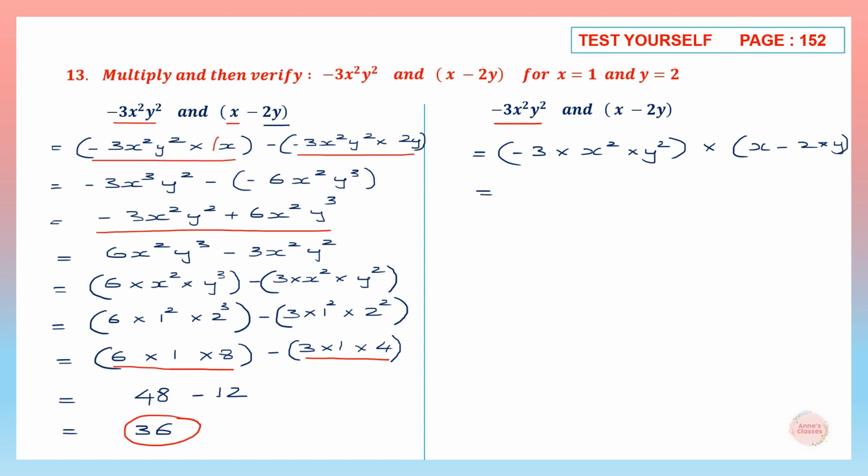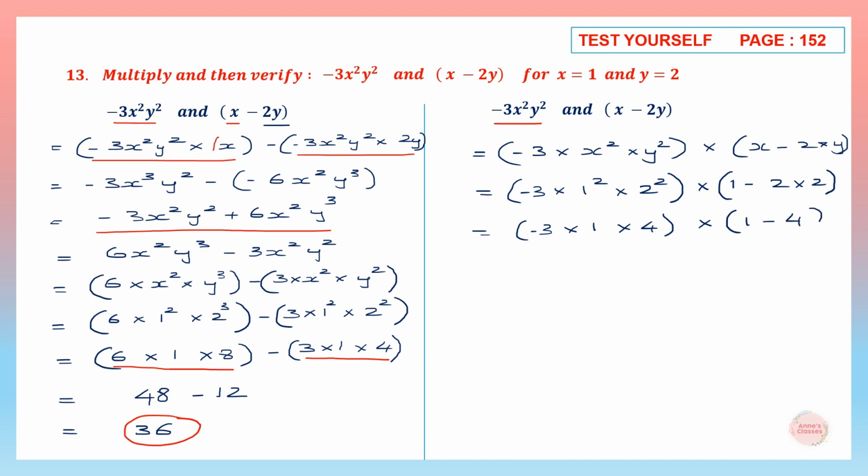So now we're going to substitute for x and y. Minus 3 into x is 1, so 1 square, and y is 2, so 2 square. Into, here again we have x, that is 1, minus 2 into y is 2 into 2. So this is going to be minus 3 into 1 square is 1, 2 square is 4, into, here we have 1 minus 2 twos are 4.